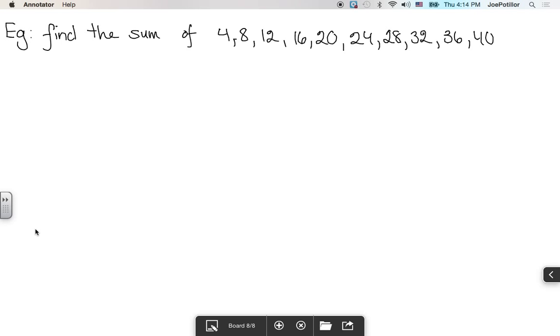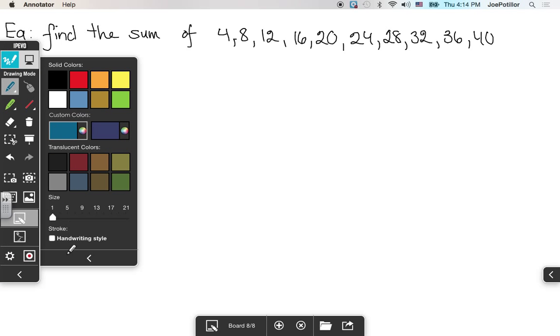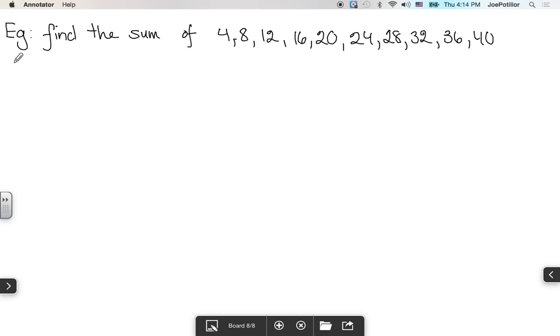The first thing I need to do is count the number of terms. And no, that's not a hashtag symbol. 1, 2, 3, 4, 5, 6, 7, 8, 9, 10.